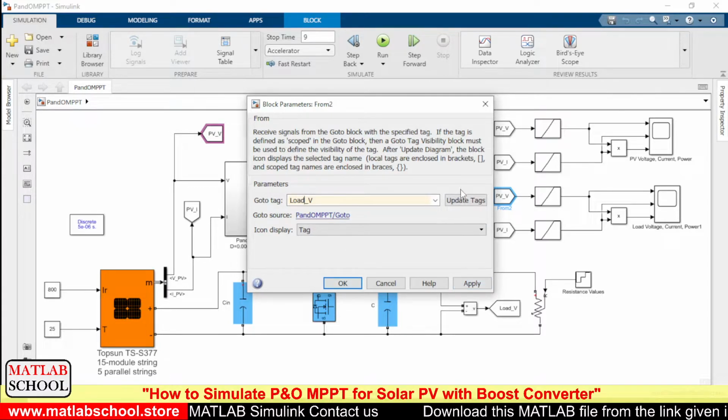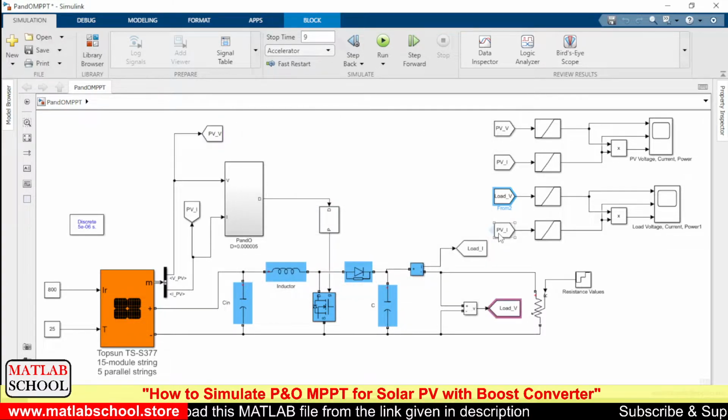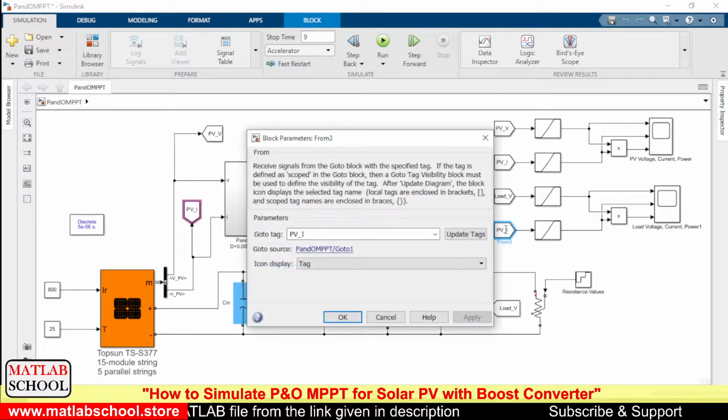So this is the load voltage, and this is the load current.